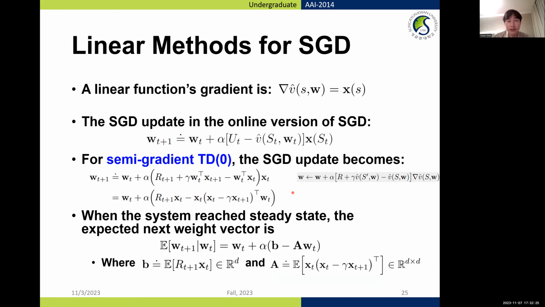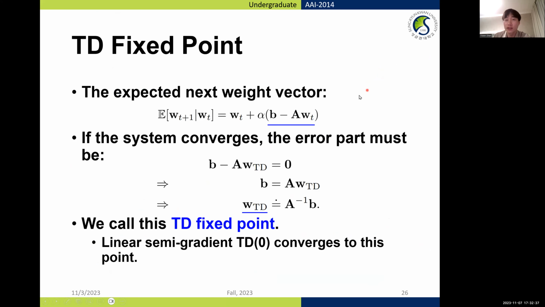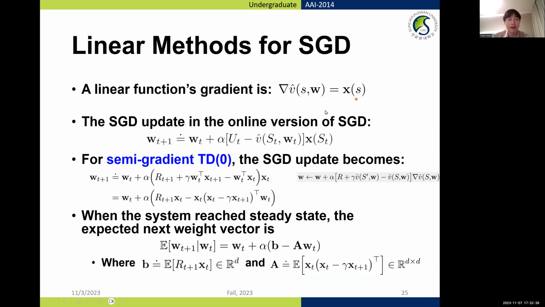Linear method for semi-gradient TD. Now a linear function's gradient is this. If it is a linear function, then when we do the gradient, it will just equal XS itself. So we use this estimated version, alpha times U_t.